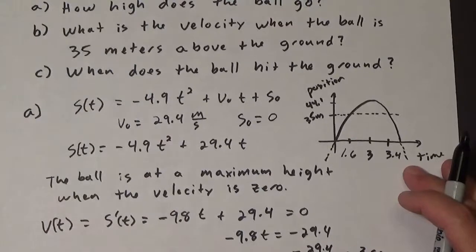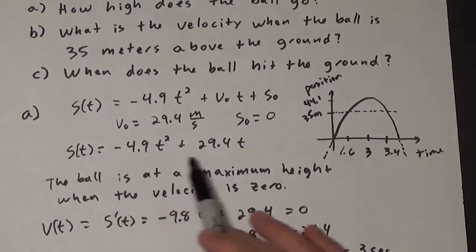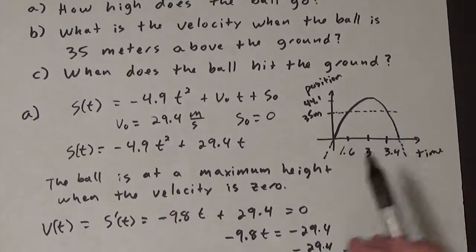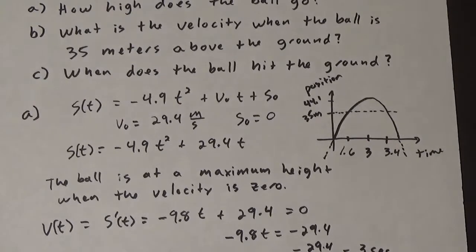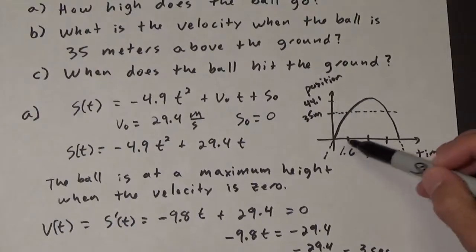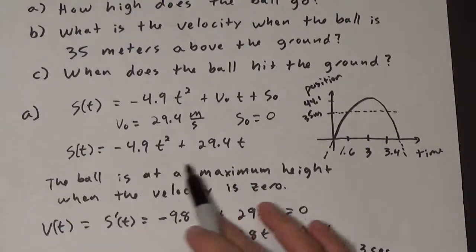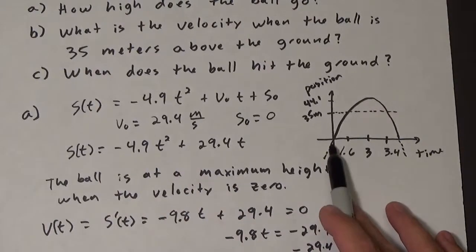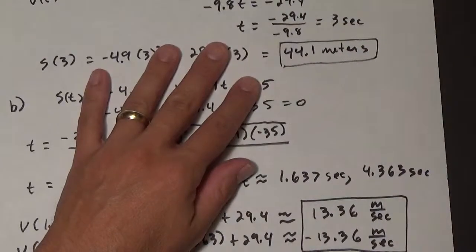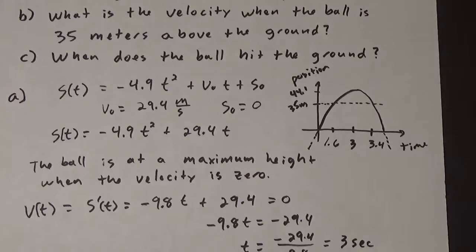So we always have to remember that when we're using a math equation to model something in real life, pretty much always there is some form of a domain restriction. In this case, this equation is only applicable from 0 to 6 seconds. That's it.